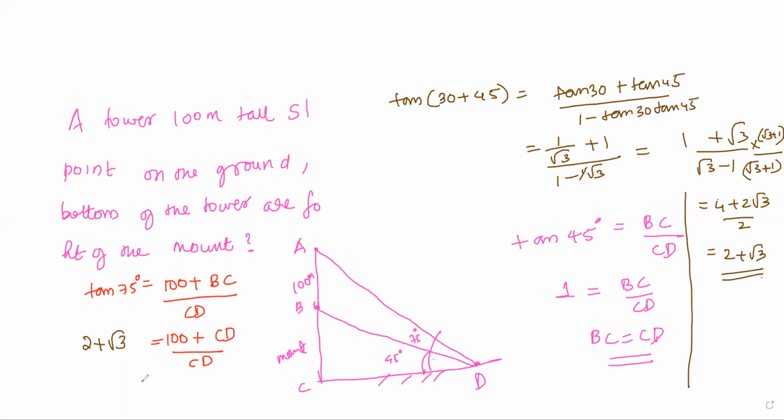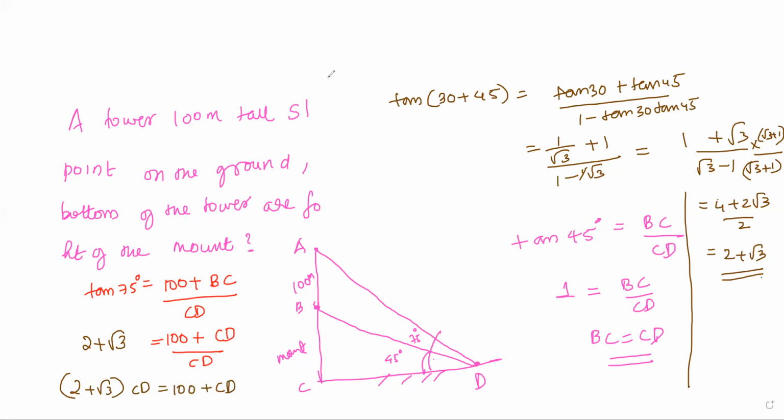2 plus root 3 is equal to (100 plus CD) by CD, isn't it? So I can write this as (2 plus root 3) into CD is equal to 100 plus CD.